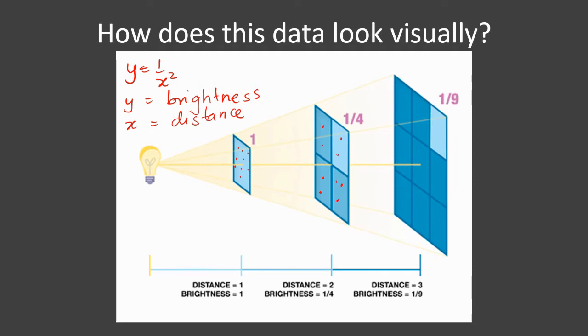So you will see that the brightness has dropped by 1/4. Now the same 10 photons are spread at a distance of 3 over an area of 9. So you will see that it has spread further, and on each window you will have a maximum of 2 on the area of the same size.